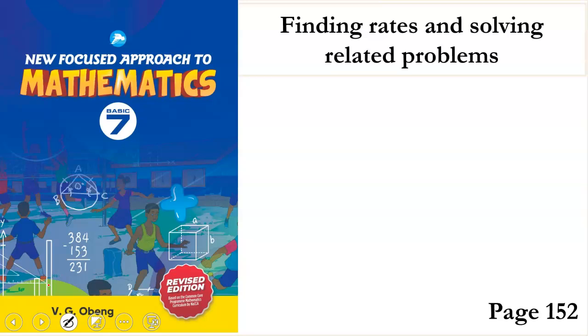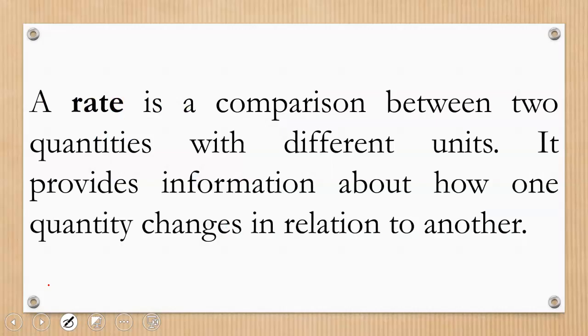When we talk of rate, what is it? By definition we can say that a rate is a comparison between two quantities, right? With different units. Very important, different units. Quantities can be any physical quantity, like height, weight, time, speed, velocity, distance, mass.